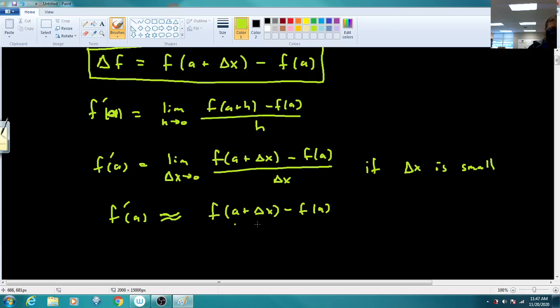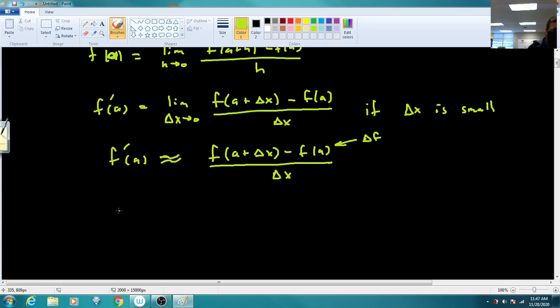The way we stated it in the previous bit was if h itself was small, we could use the approximation. Since we're replacing h's with delta x's, we're saying if delta x is small, then we can make this approximation. Well, using our notation up here, we'll recognize that this whole top statement here, we could replace that and call that delta f.